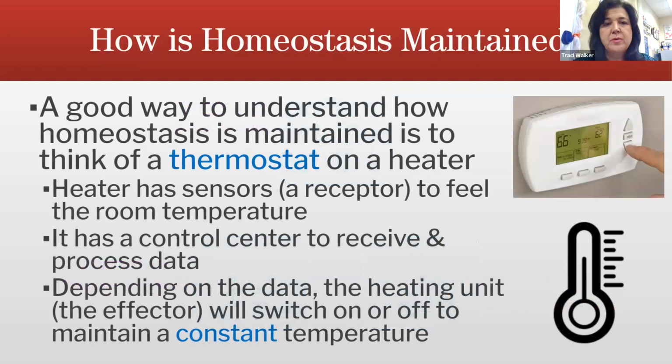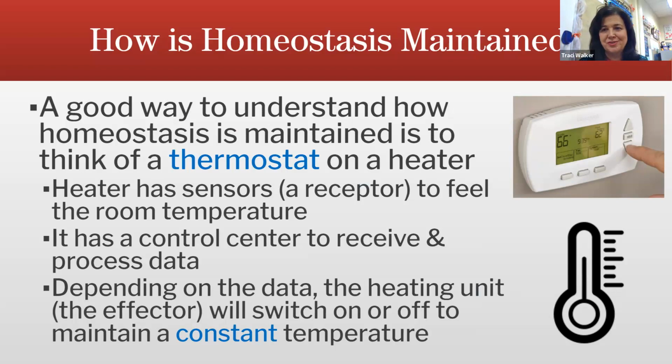So one of the best ways to understand homeostasis that we can apply to just an everyday item that most all of us have come in contact with is a thermostat on a heater or an air conditioning unit. So the thermostat is like the brain. And the heater or the air conditioning system has senses or receptors that sense the temperature of the room or the house as a whole.